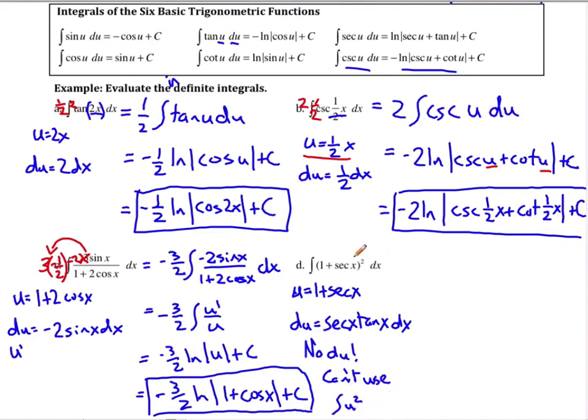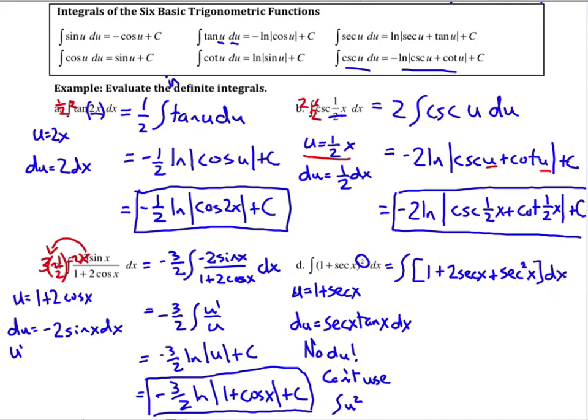Well, in this case, let's actually apply this square. We're going to get 1 squared, which is 1, plus 2 times 1 times secant x, which is 2 secant x, plus secant x squared. So we'll rewrite that as secant squared x dx.